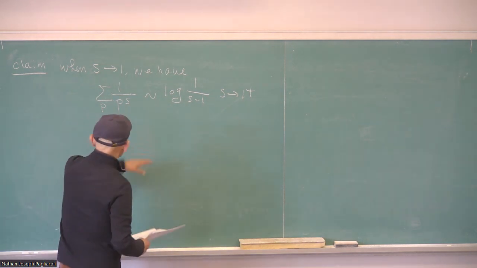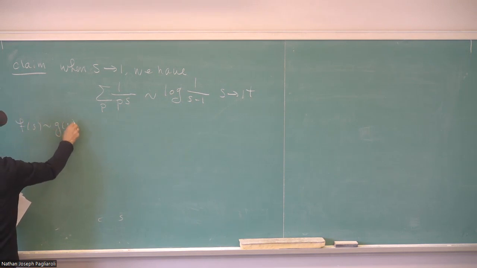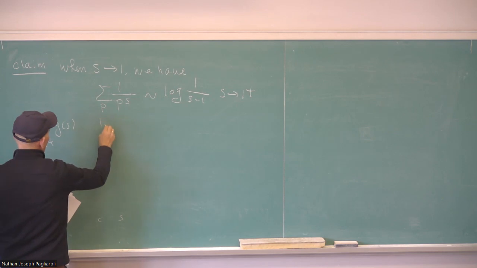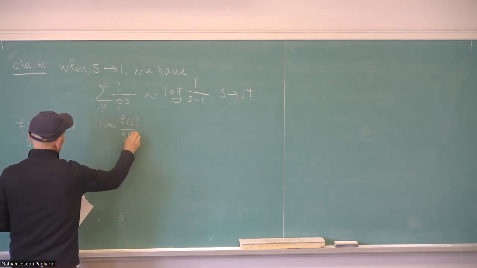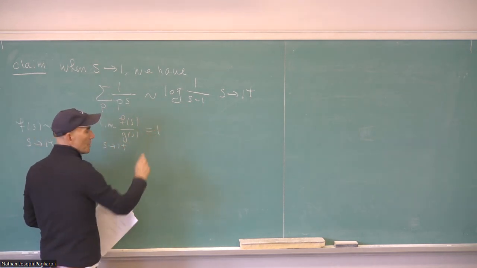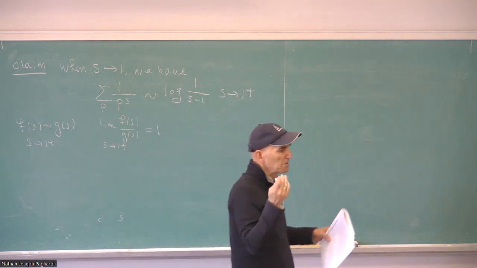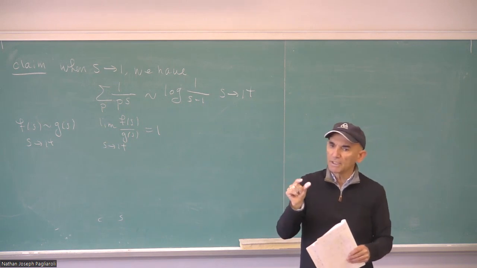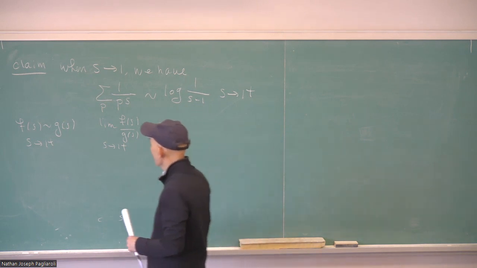Remember, we say for functions f of s and g of s, f(s) is asymptotic to g(s) as s goes to 1 plus if f of s over g of s goes to 1 as s goes to 1 plus. So we are assuming that both functions are defined for real part of s bigger than 1, on the real axis for example, at least near 1, and that's the meaning of this statement.